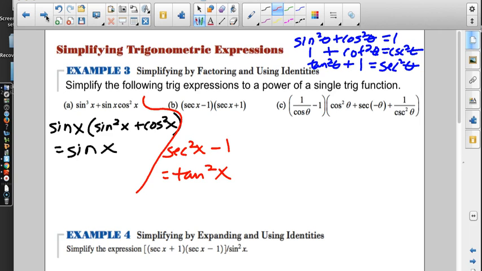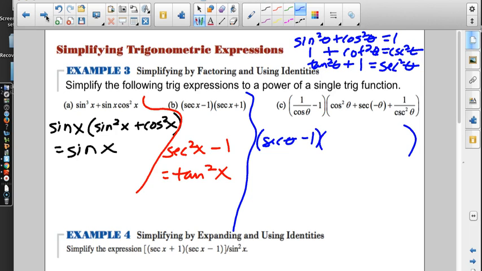Simplify the following to a power of a single trig function. Cool, got it. Oh my. Well, I think, well, what do I want to try? Well, first off, why are they giving me 1 over cosine theta? What's 1 over cosine theta? Secant. Secant theta minus 1.